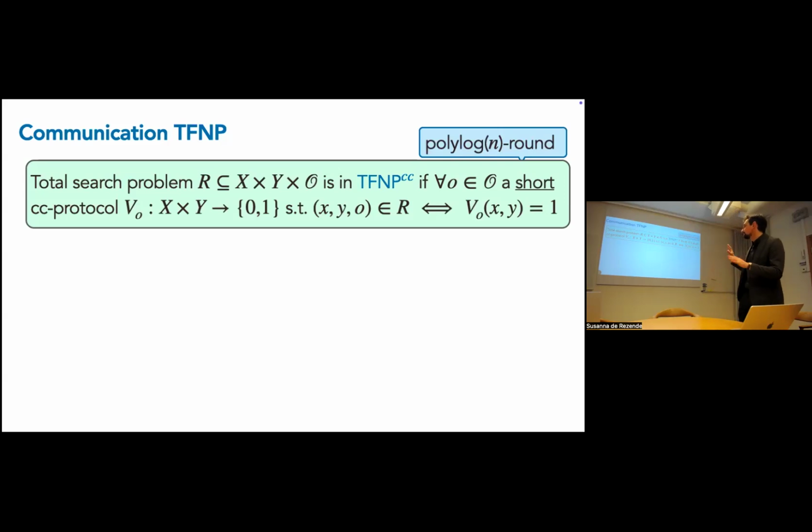So this leads us to a theory of communication TFNP. Rather than using decision trees, we're going to use communication protocols. Everything else is the same. We do have to split the variables of the search problem into two sets, for them to be amenable to a communication protocol. A total search problem is in communication TFNP if for every solution you can verify, there's a small communication protocol verifying it.